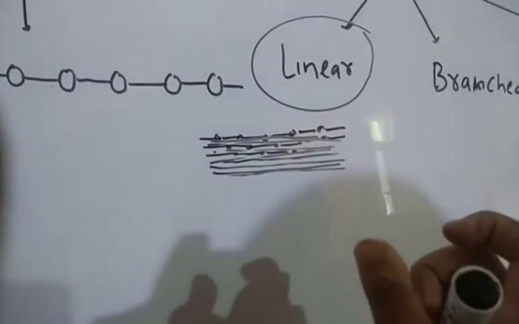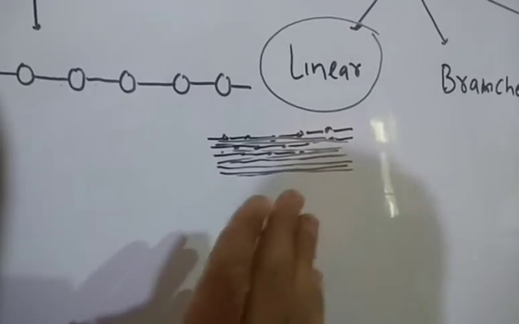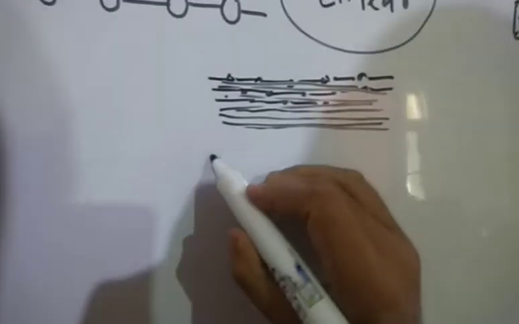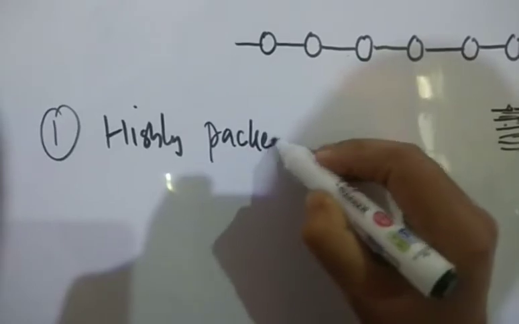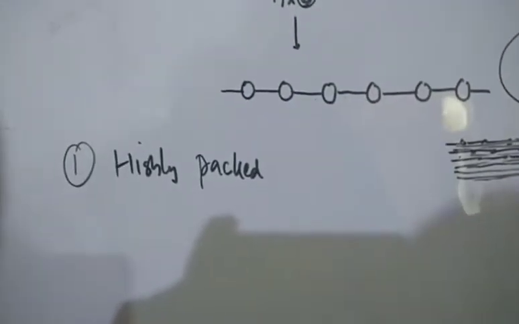So we can say in a linear polymer, as they have a single dimension, the monomers are arranged along in a linear fashion. So we should say that these polymers are highly packed. So I will write that some of the basics of these, they are highly packed. The chains are tightly held. They are highly packed. Number one.